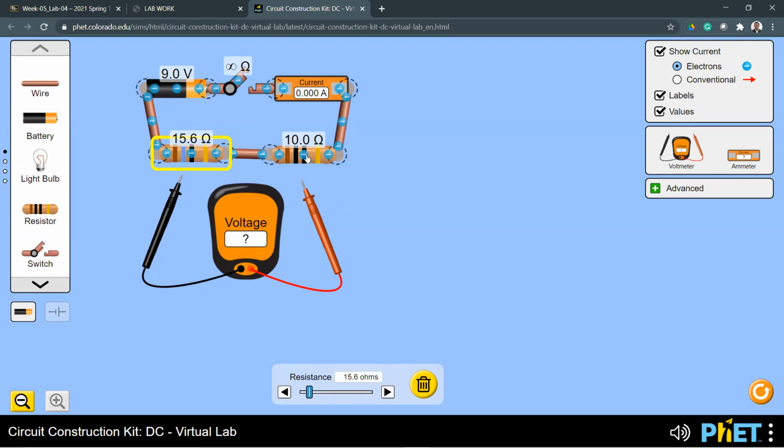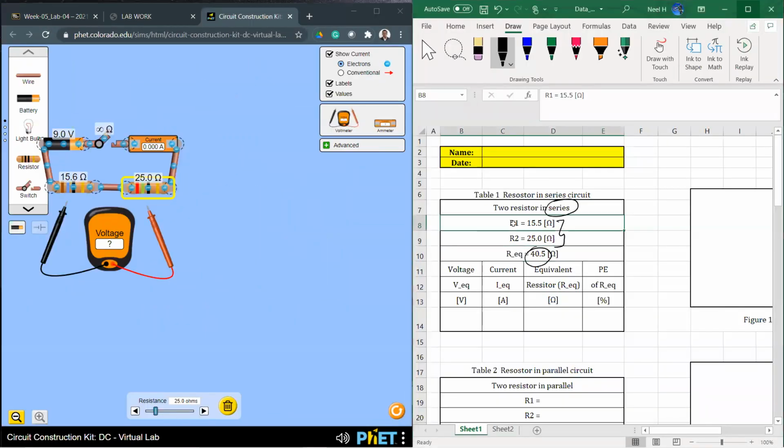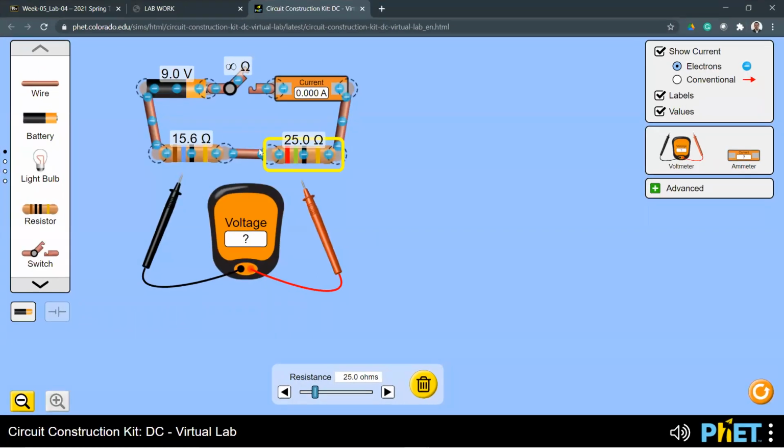Resistor number 2, we need 25.0, right, 25.0. You can click and drag or just click on the arrows. Either way is fine. So make sure you pick these two numbers, 15.5 and 25.0. And that's our circuit now. The circuit is properly adjusted. This should be 15.5, not 6.